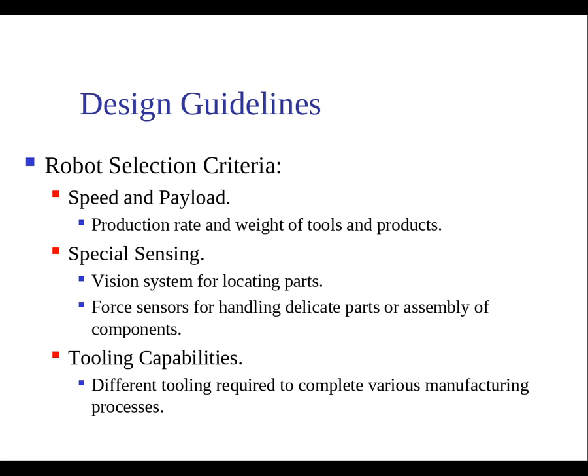Okay, and as I mentioned before, the special sensors: do we need a vision system or some other kind of sensors? Do we need special tooling? So these are just various aspects of a robot system or an automation system that we need to consider.